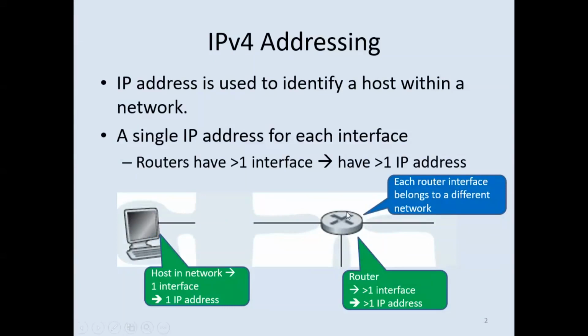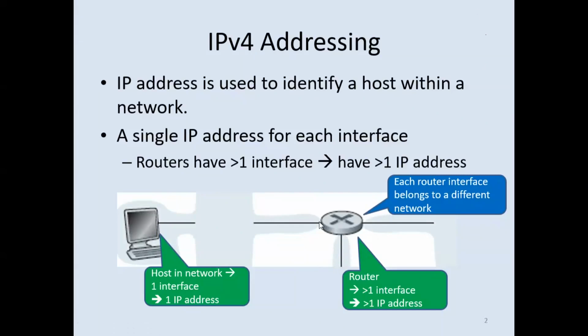A router, on the other hand, has many different interfaces, and every interface of the router needs to have its own IP address. The reason is that every interface is its own subnet.